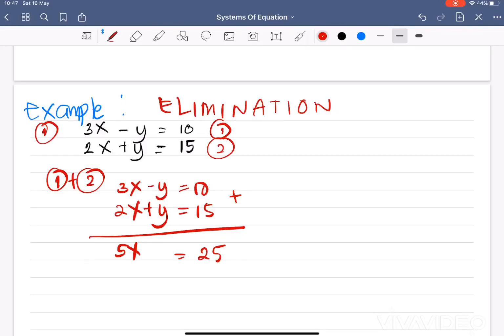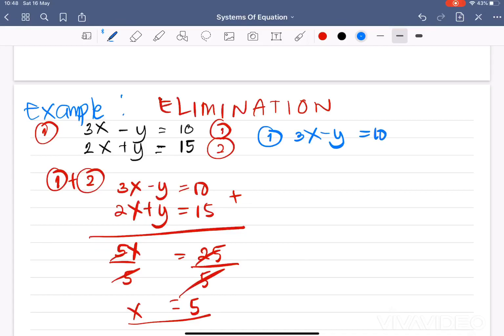We have 5 as the coefficient of x, so we divide both sides of the equation by 5. So x is equal to 5. Now we have the value of x, and the next thing to do is find the value of y. We simply choose one of the equations, say equation number 1: 3x minus y equals 10.